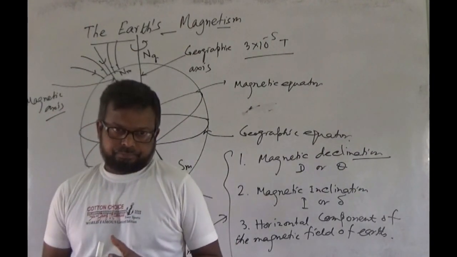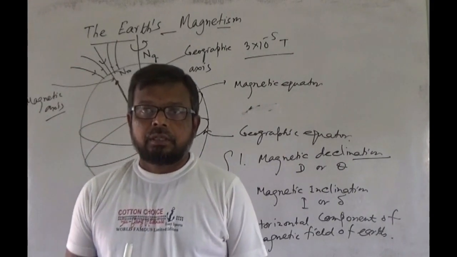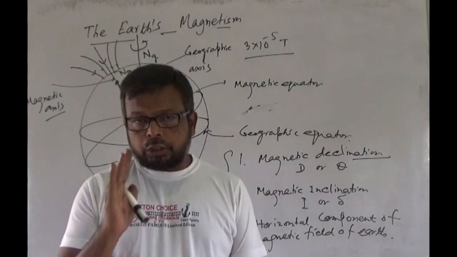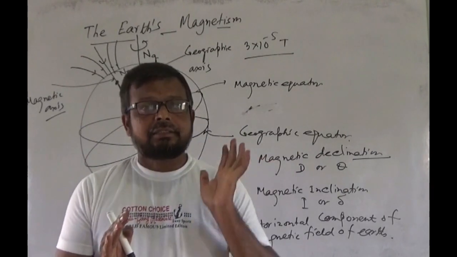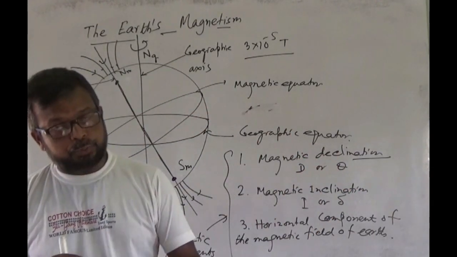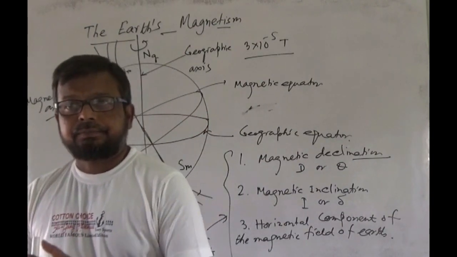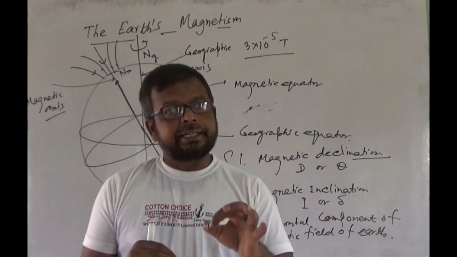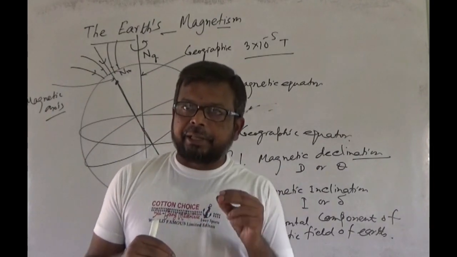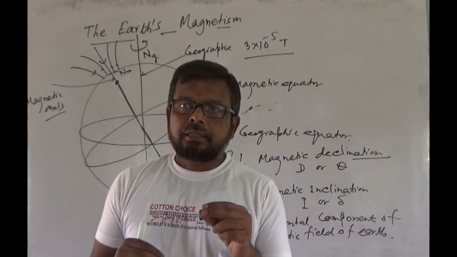A magnetic needle which is free to swing horizontally lies in the magnetic meridian, that is, its north pole points towards the magnetic north pole of the Earth, that is towards NM, and its south pole directs towards the magnetic south pole of the Earth.